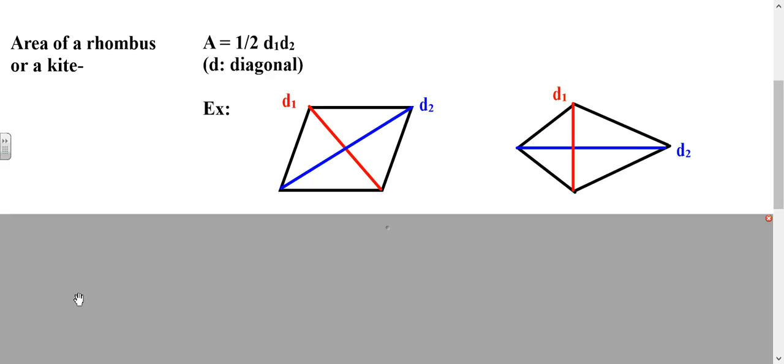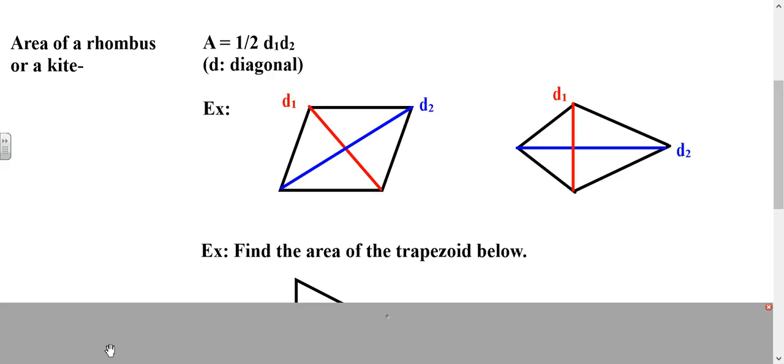And so a diagonal is measured from one corner to the opposite corner. And so this is one diagonal, and this is the second diagonal for the rhombus. For a kite, the diagonals go through the middle of the top and the bottom this way, and then across this way. So they intersect there in the middle at right angles.